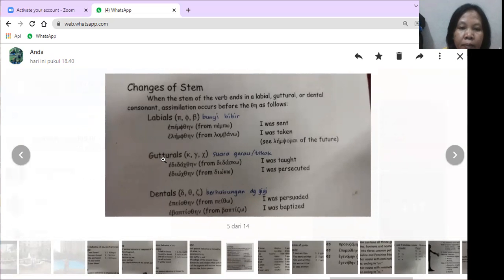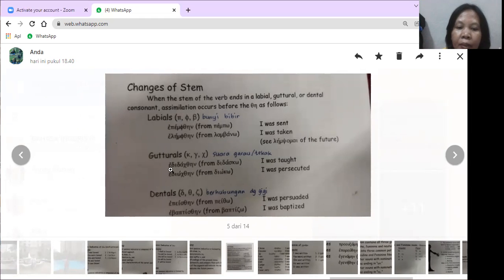Change of stem: when the verb ends in a guttural, kappa, gamma, or chi, articulated in the middle of our mouth, up in the throat.